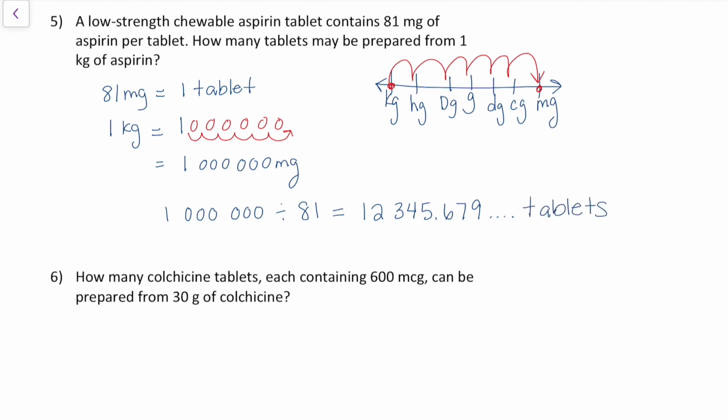Now, we can't prepare part of a tablet. A tablet is a solid, and so we need to prepare only whole numbers in tablets. And I can't make a tablet out of 0.679 ingredients. So even though regular rounding rules are telling me to round up, in this particular case, I don't have quite enough to make another tablet, so I need to actually round down.